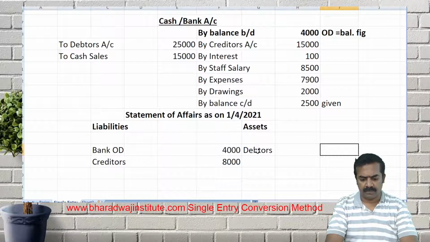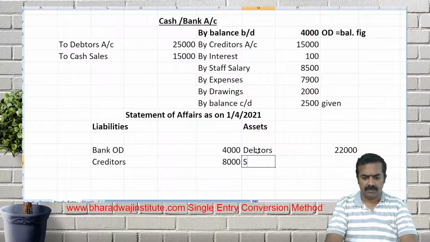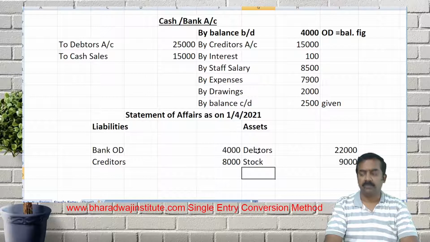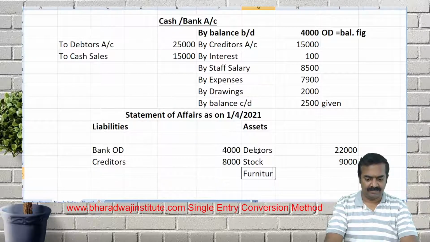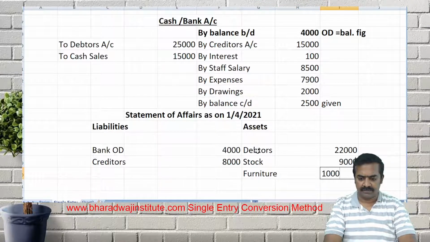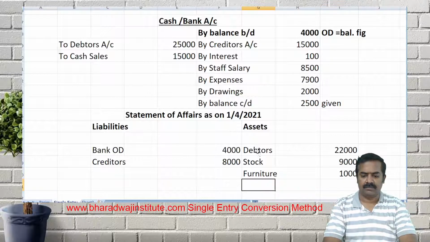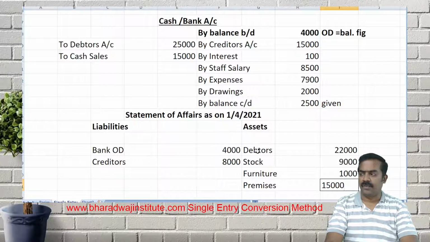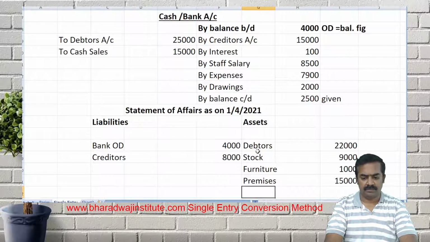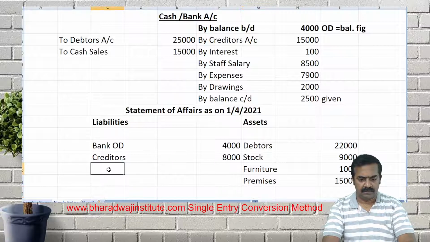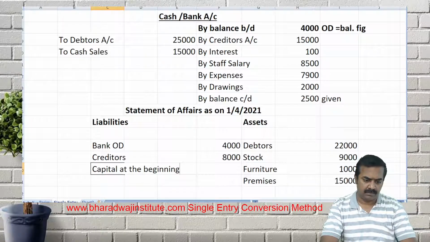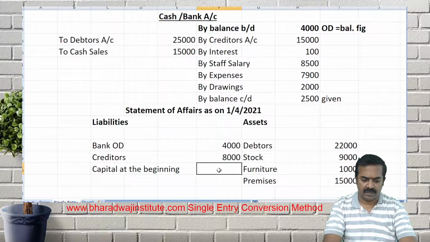Creditors. Then 15,000. Then it's a balance. 30.